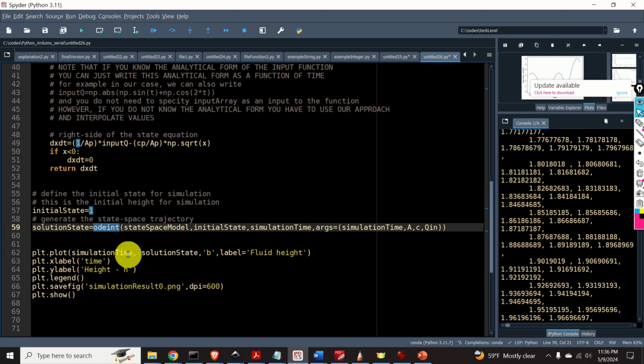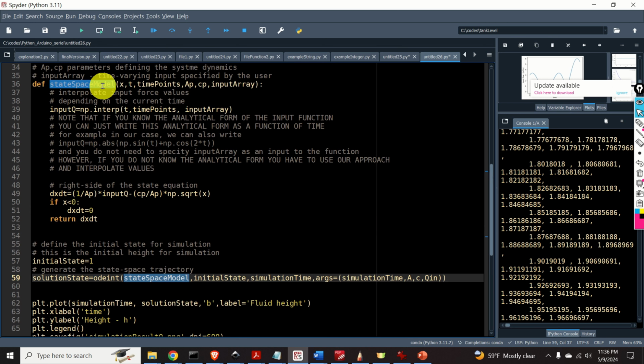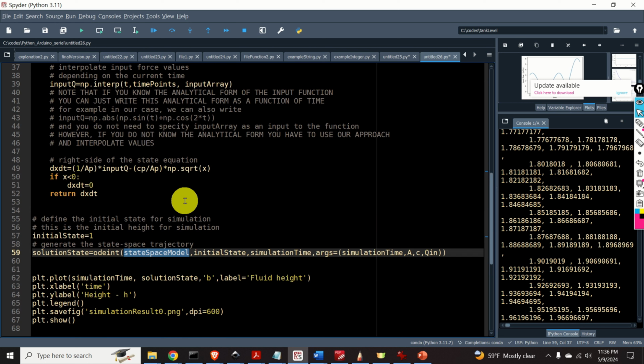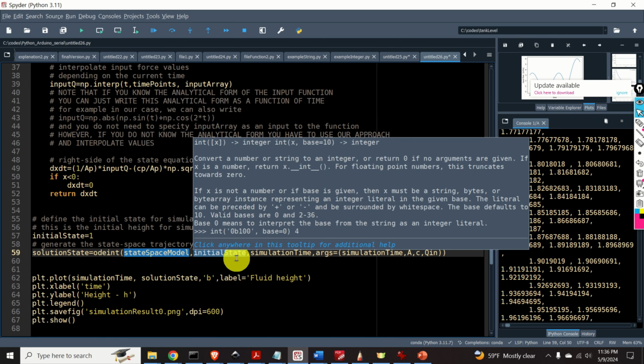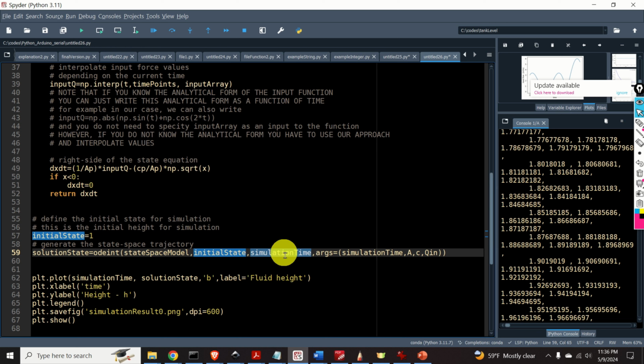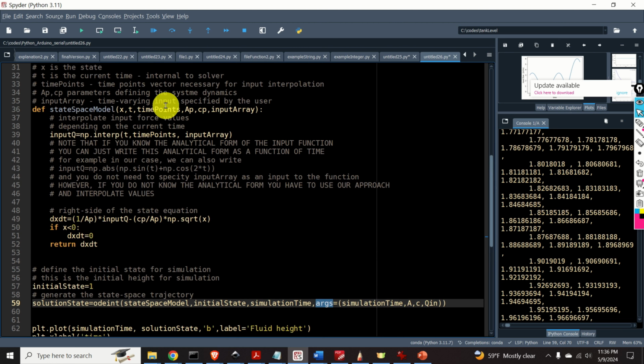We call the function odeint. We specify the name of our function defining the right-hand side of the differential equation. We specify the initial condition. We specify the array defining the simulation time. And we specify the arguments of this function.